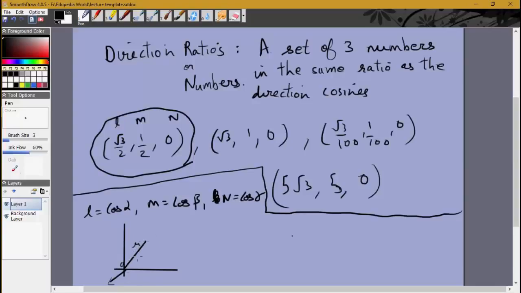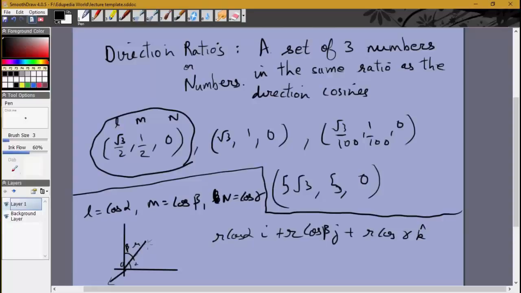So what will be the projection on the x-axis? This angle is alpha. The projection on the x-axis, or the x component of this vector, will be r cos alpha. Now the angle with the y-axis is beta, so the y component will be r cos beta. So we can write this as r cos alpha i cap plus r cos beta j cap plus r cos gamma k cap.